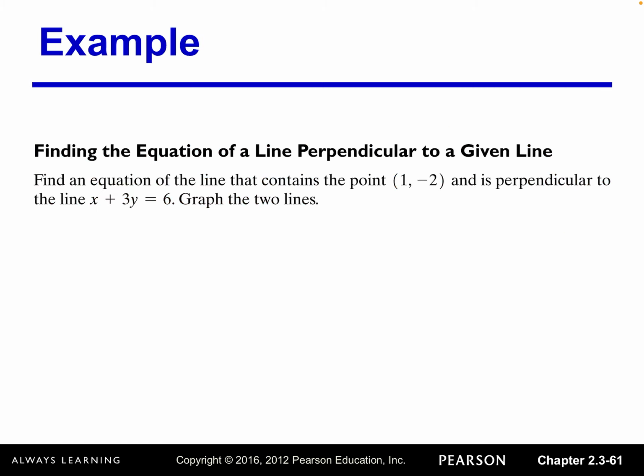All right. So now let's look at an example of how to use the property of perpendicular lines to find the line equation. Find the equation of the line that contains the point (1, -2) and is perpendicular to this line, and graph the two lines. So given line x plus 3y equals 6, we can find the slope of the given line.